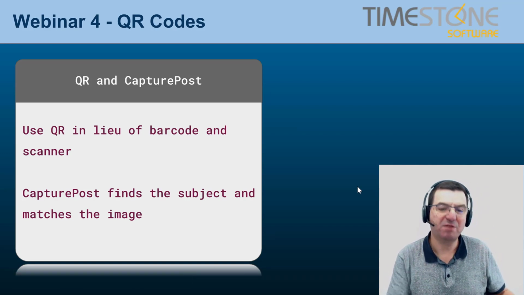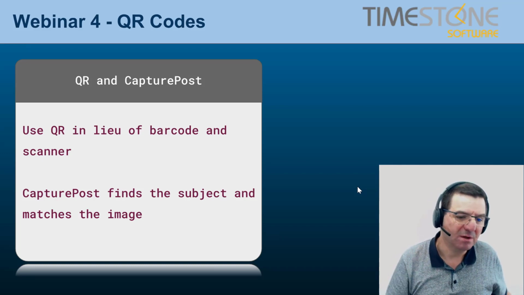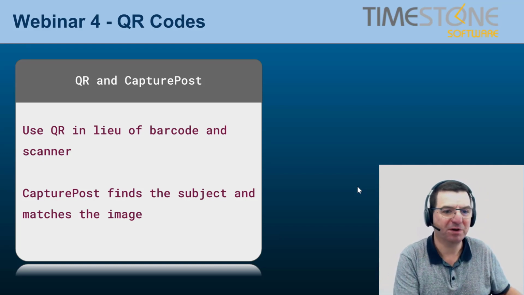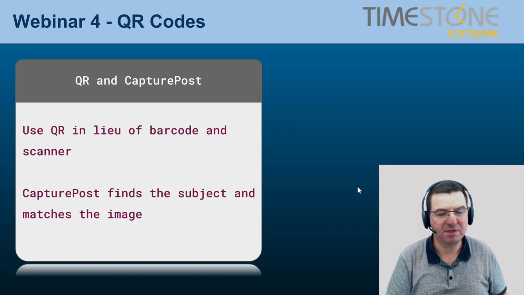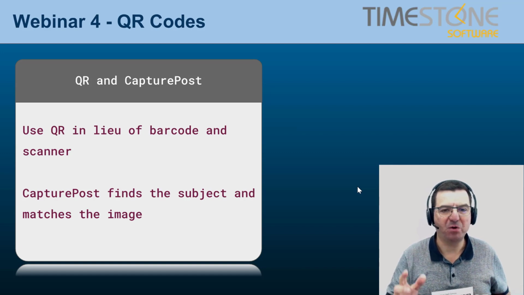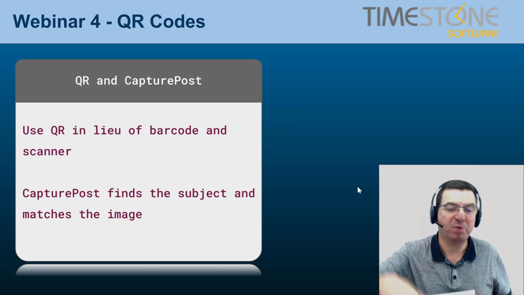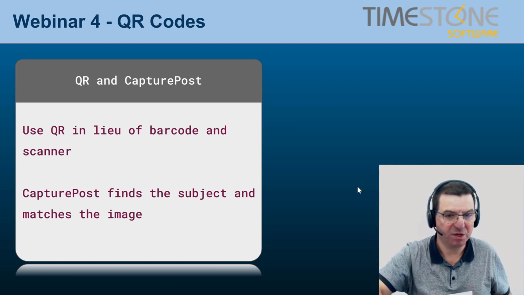A kid walks up to you, instead of grabbing a barcode scanner, which could fail or could break or get stolen, and scanning a barcode, which may not read, you just get them to hold the QR. You take a photo of them with CapturePost in the normal way. CapturePost will find the subject and match the image. So it is really sweet.